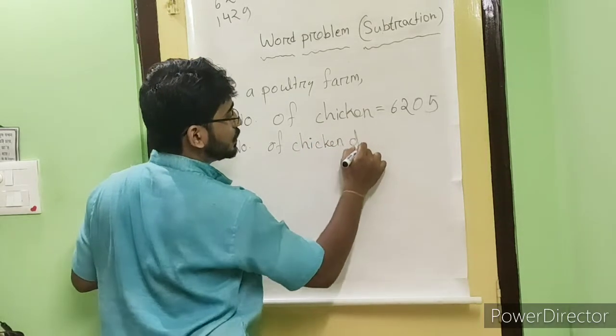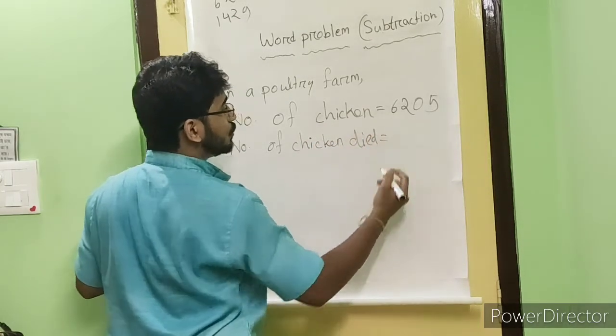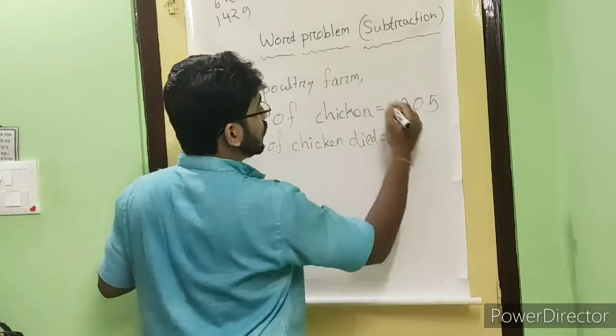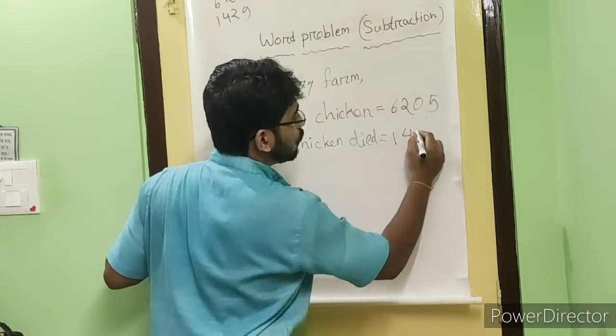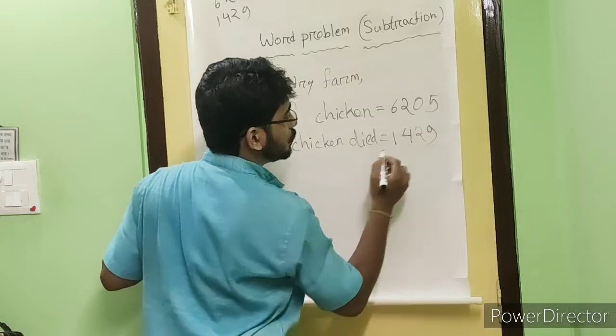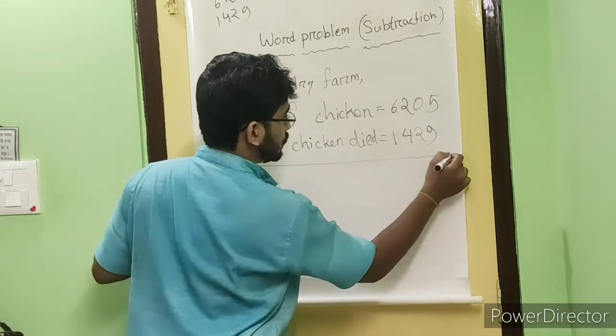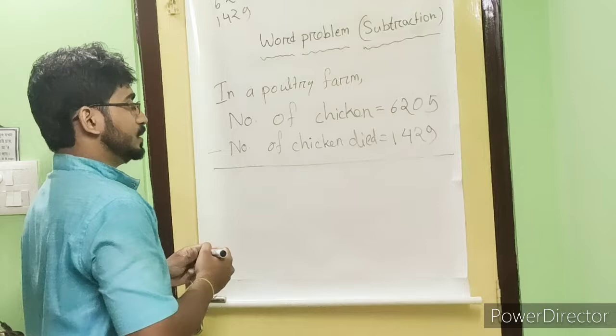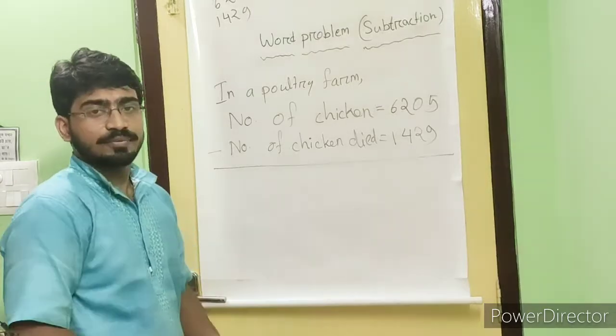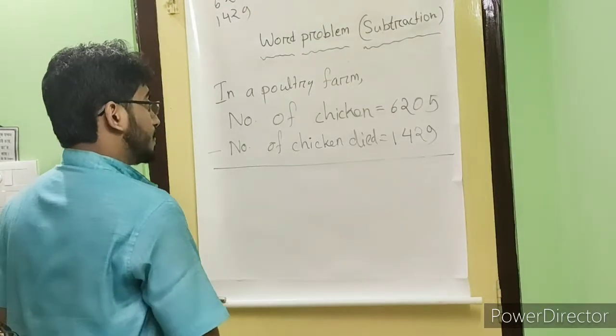Number of chicken died equals to 1429 minus. So now easily we can find out the answer.